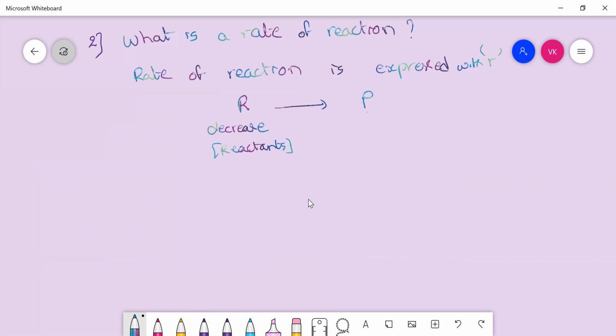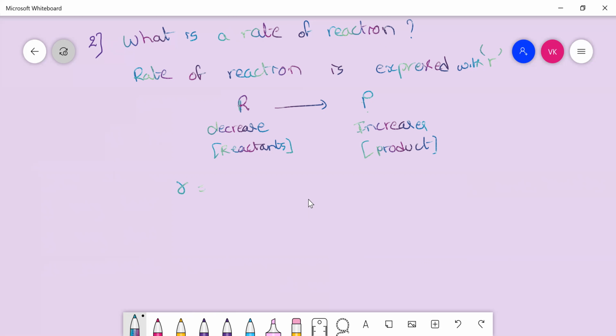Whatever you write on the left hand side of the reaction are the reactants, and the product concentration generally increases with time. This is the product. Then how to write rate of reaction?